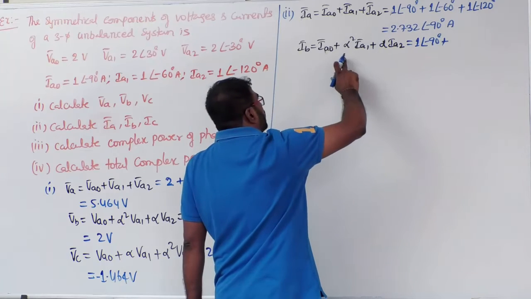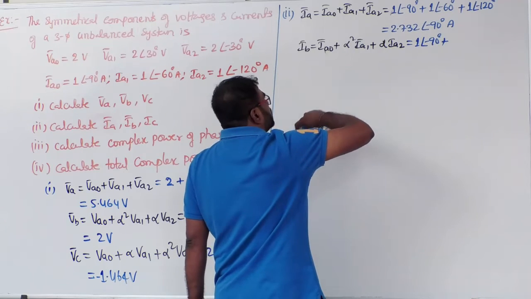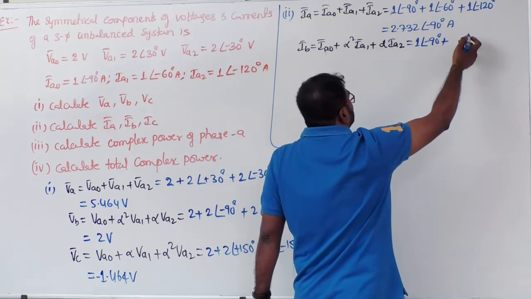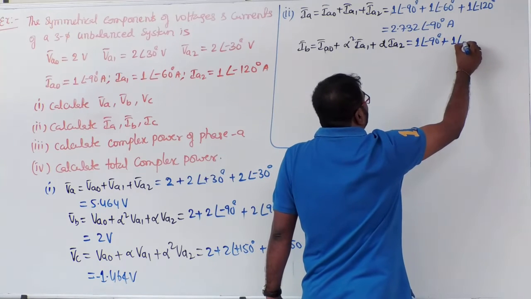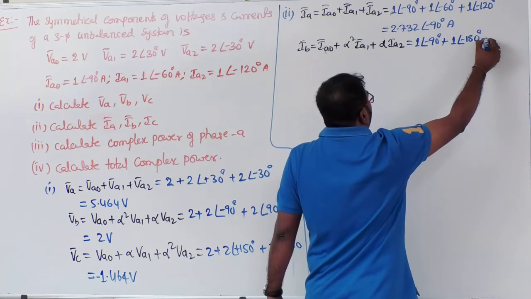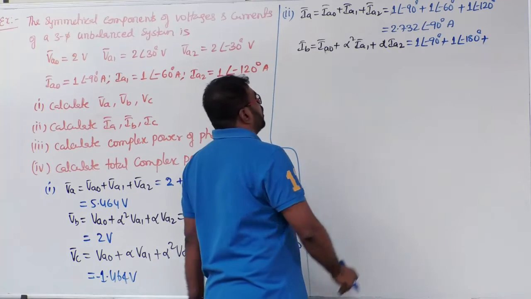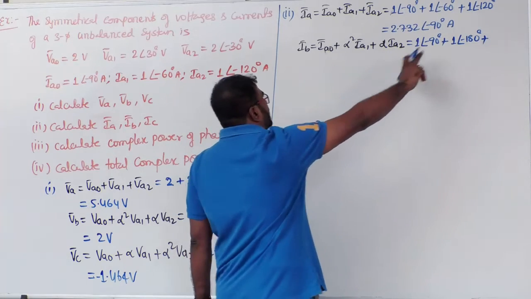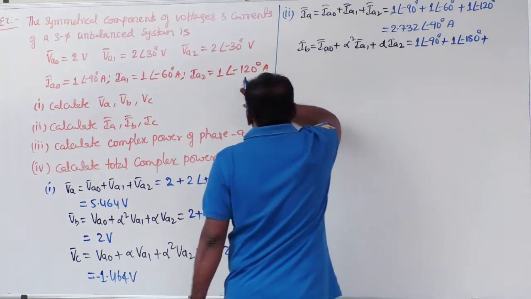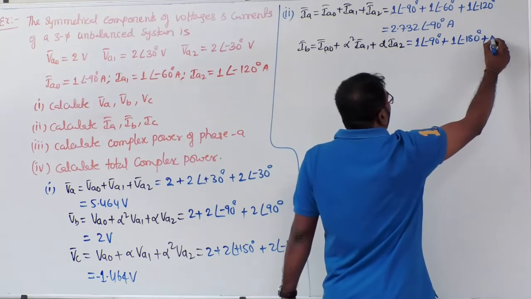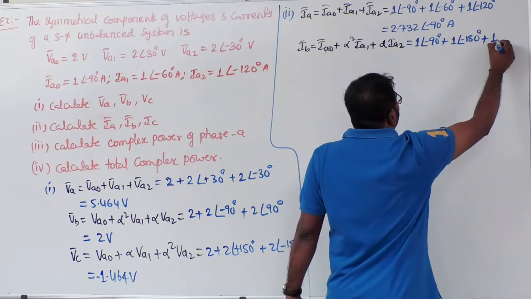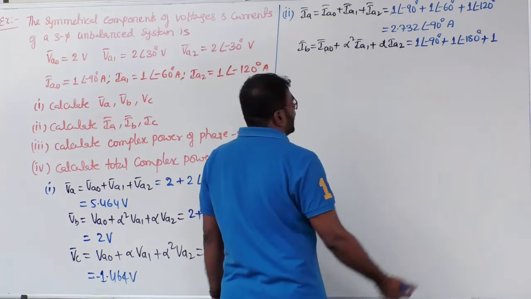Alpha square means 1 at an angle minus 120; minus 120 minus 60 is minus 180. So that means 1 at an angle minus 180, plus what about IA2? 1 at an angle minus 120, that multiplied with plus 120 will be 1 only. Correct or not? 1 at an angle 0.